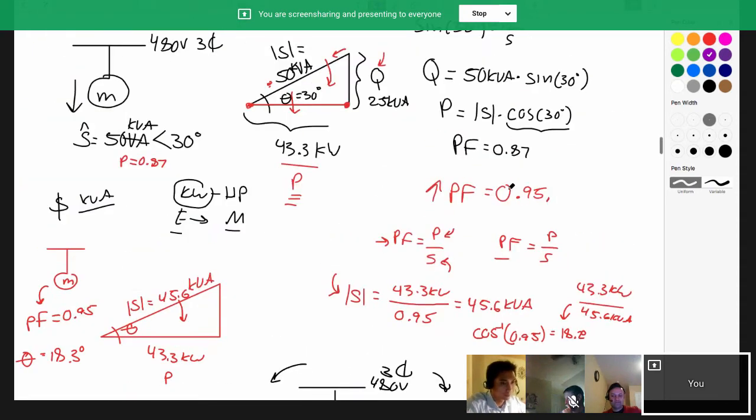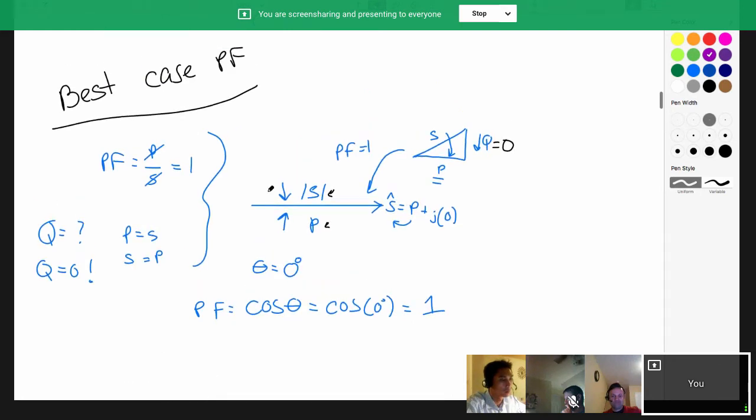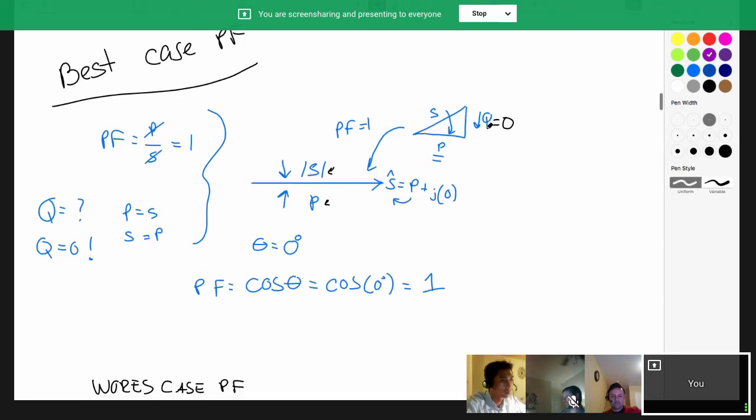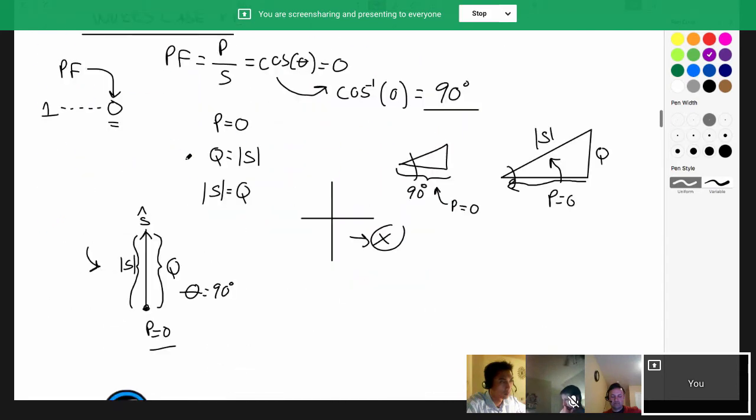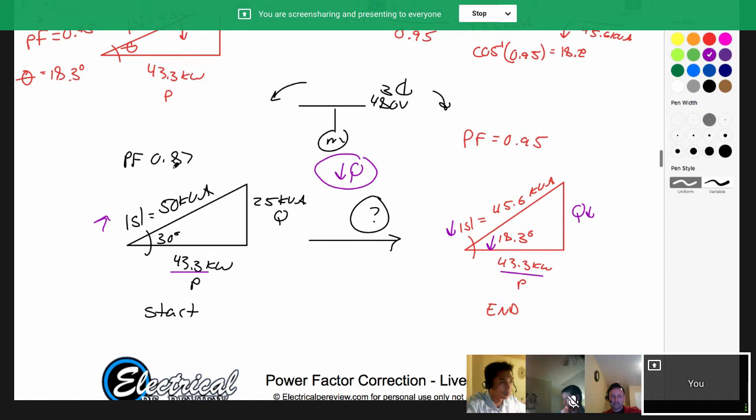And the best power factor condition we can ever hope to get is a straight line, when Q is essentially 0. So in this example, we lowered Q until it equals 0, and got a perfect power factor of unity. So if we want to get from a 0.87 power factor for that motor, we've got to lower Q, right?